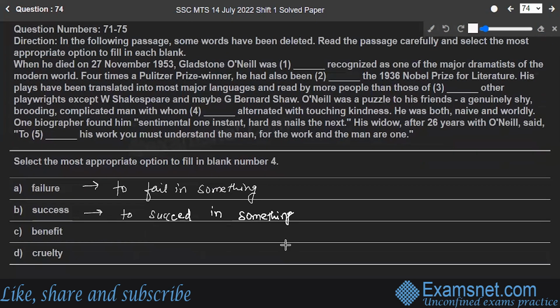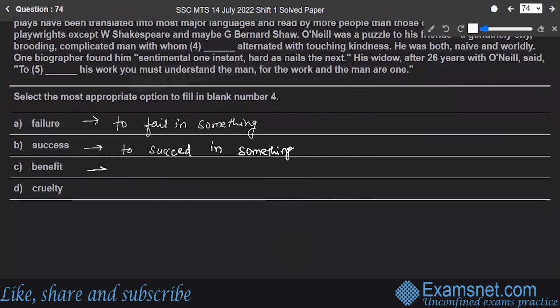Then is benefit, which means an advantage or profit gained from something.